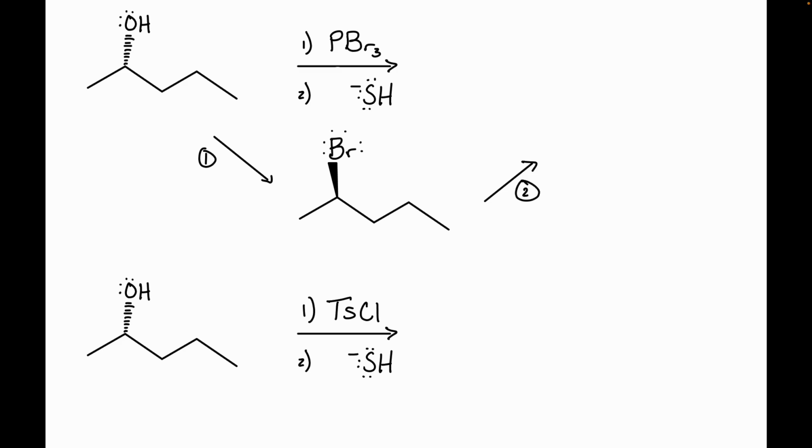It's going to be flipped back to a dash bond. All right, so since both of these steps were SN2, we see an inversion and then an inversion back.